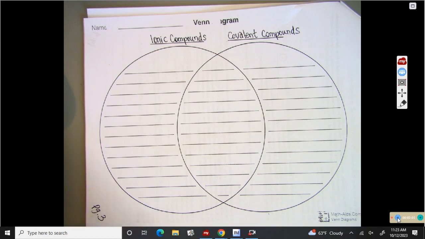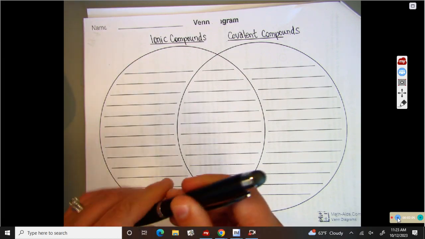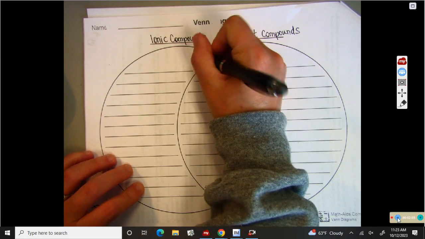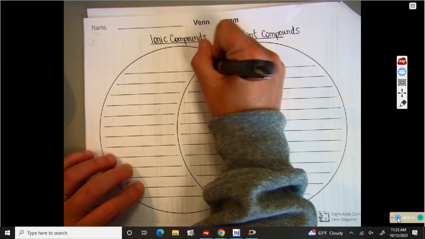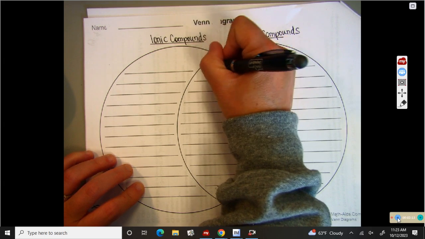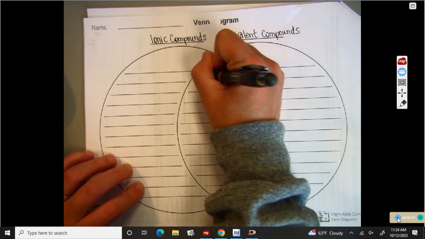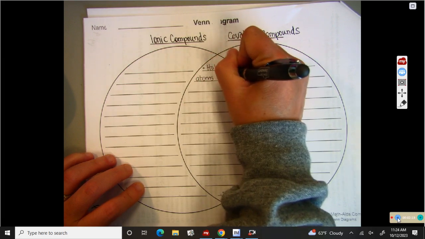So in the middle, in a neutral color, so if you chose two colors, this one's not going to be one of those two. So with your pencil, in the middle: both types of bonds hold atoms together.